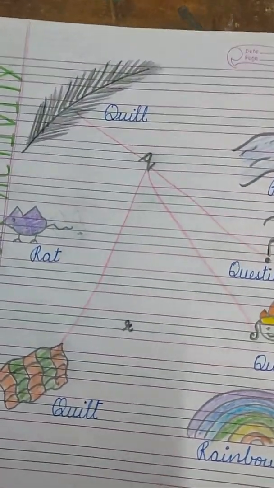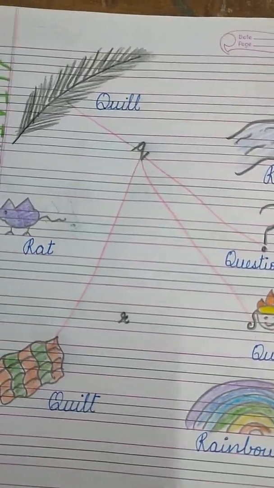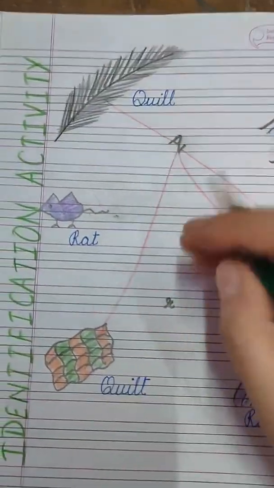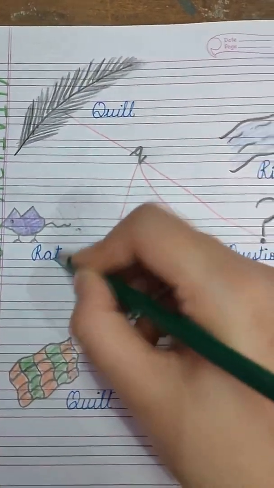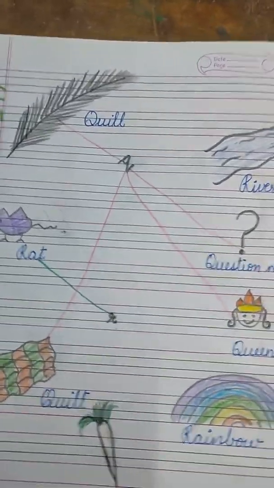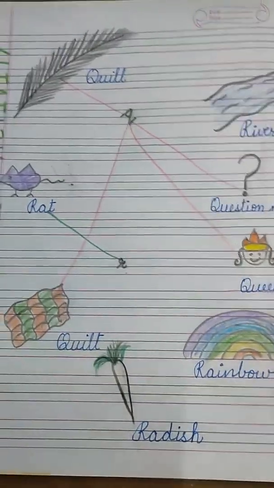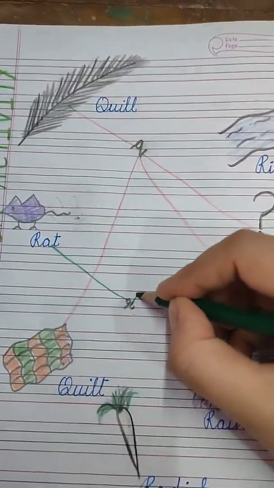Now let's identify the pictures which are related to letter R. Okay, so R for, yes, R for rat. You just only have to draw the pictures, rest of the things should be done by kids only. R for river, yes, R for river.